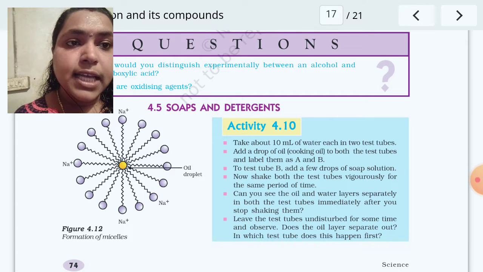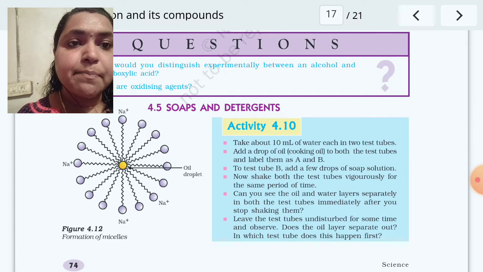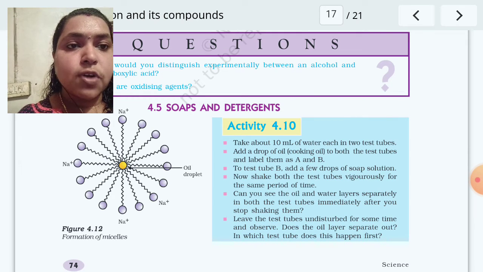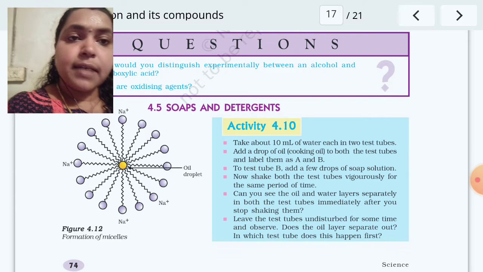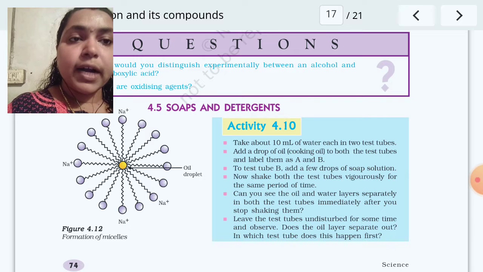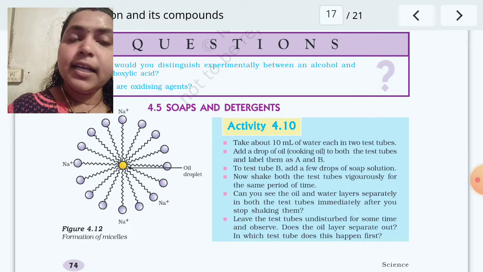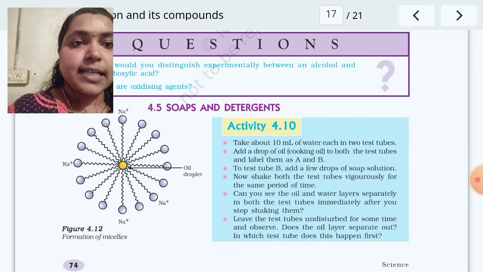Can you see the oil and water layers separately in both the test tubes immediately after you stop shaking them? Test tube A contains only water and oil, and test tube B contains oil, water plus soap solution.